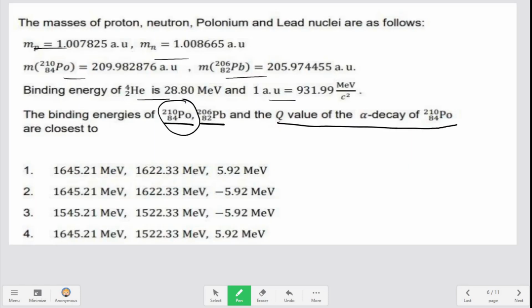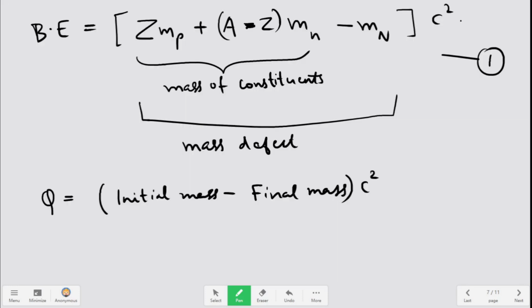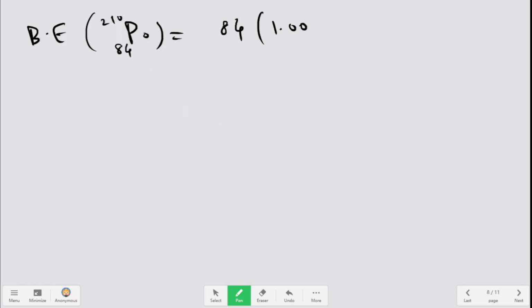So binding energy of polonium-210, 84, is equal to Z times, Z is 84, times mass of proton, which is 1.007825 atomic units.